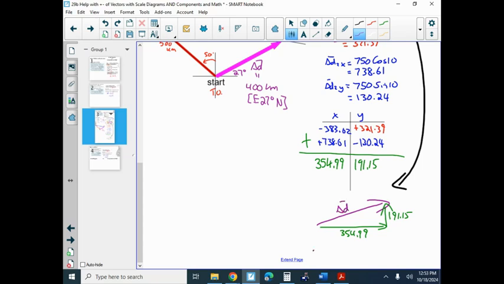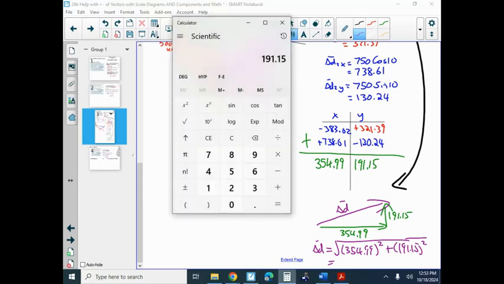Delta D as a size will equal the square root of the sum of the squares stuff, right? So the 354.99 squared plus the 191.15 squared, and we have to take the root of that, and we'll see what we get. Hopefully around 400. 354.99.